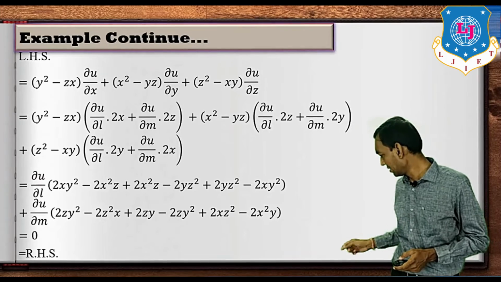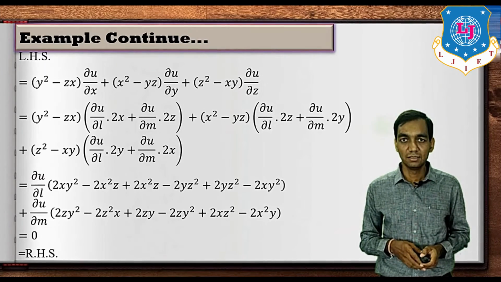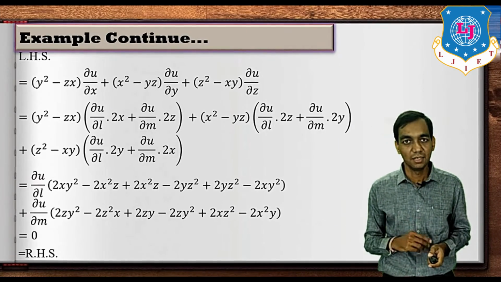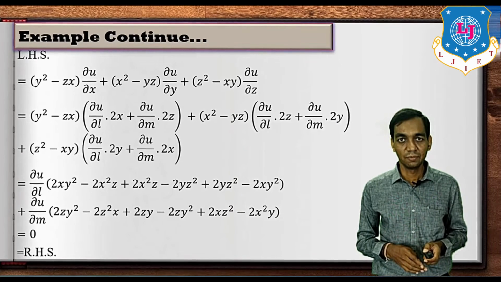All the terms will be cancelled out and you will have the answer 0, that is your right hand side. Hence this proves the result.